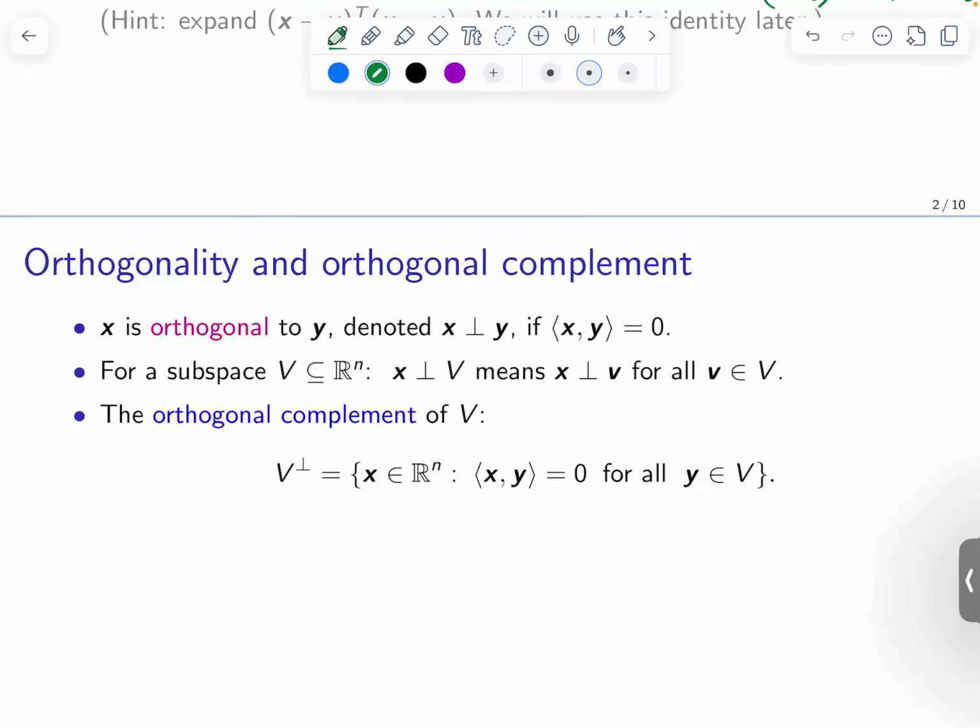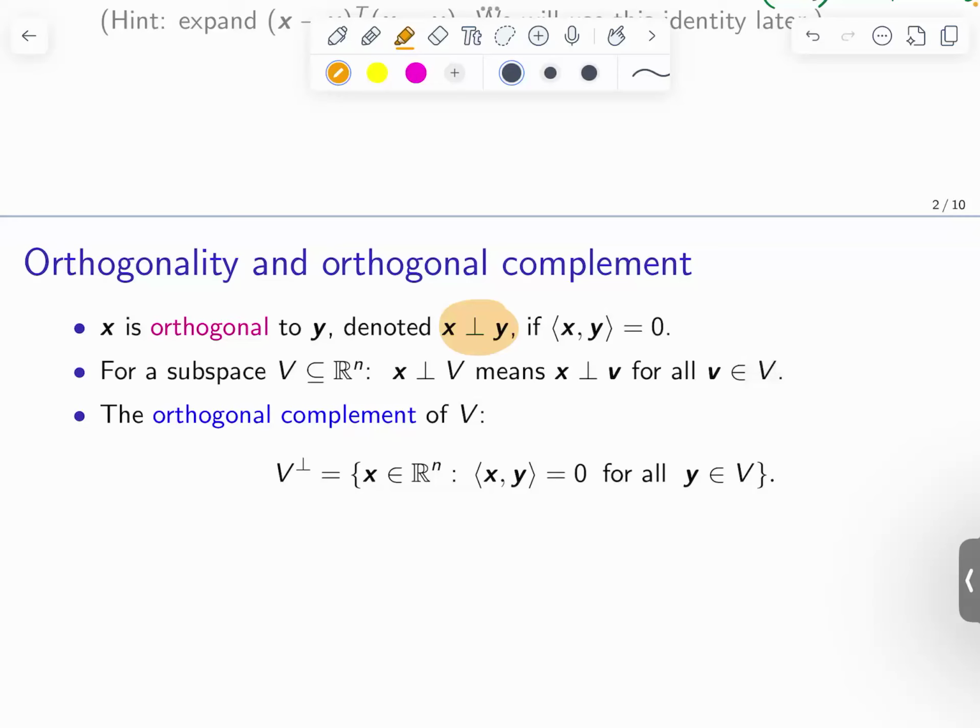So we define what it means for x to be orthogonal to y, which is denoted again via this notation. We can define it as equivalent to x and y having inner product 0. Now what I want to do is define what it means for a vector to be orthogonal to a linear subspace. Okay, and the natural thing is to define it like this.